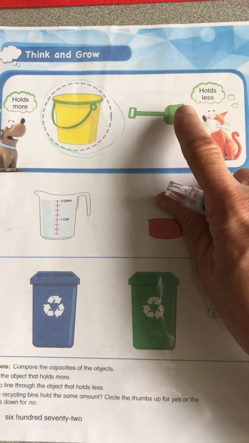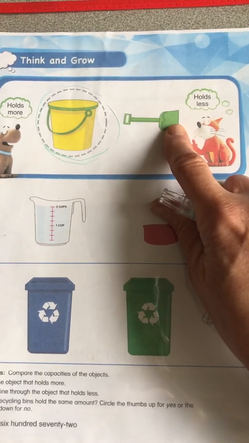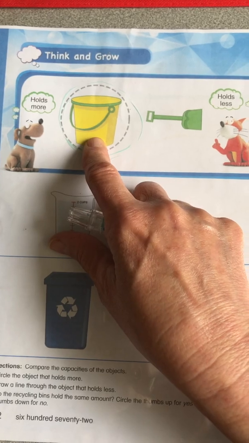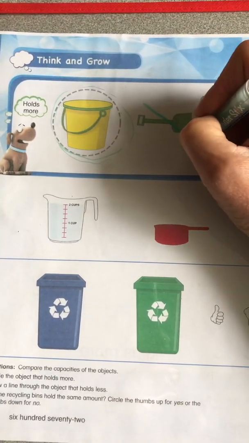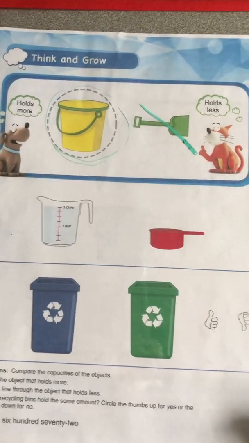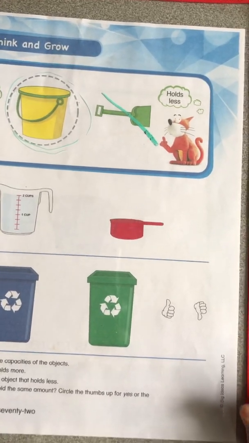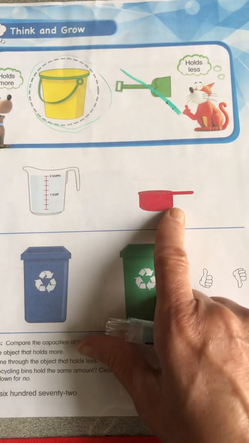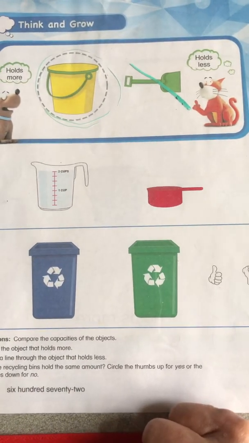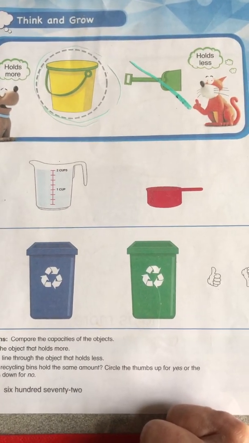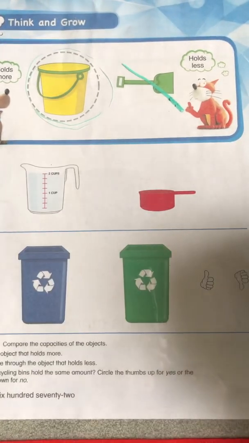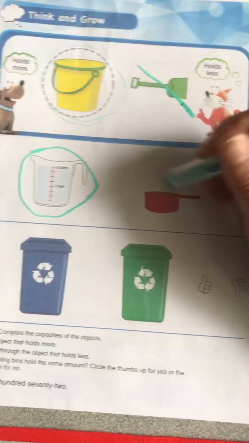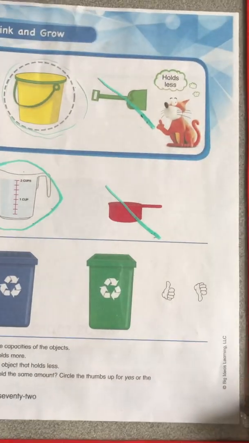Let's make it sand. His shovel holds less sand. The bucket holds more sand. So I am going to slash his shovel. All right? We're going to do the same thing down here. Compare this measuring cup and this scoop. Circle the item that holds more, slash the item that holds less. More, less. Did you get the answer?